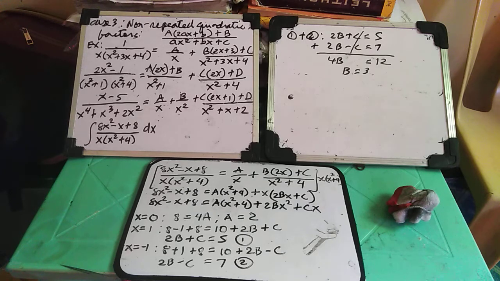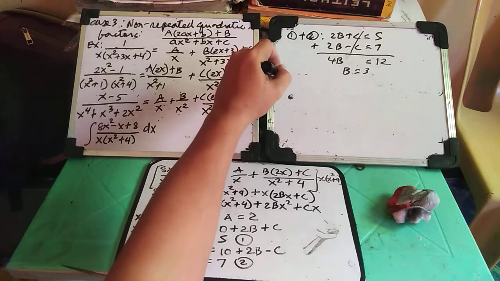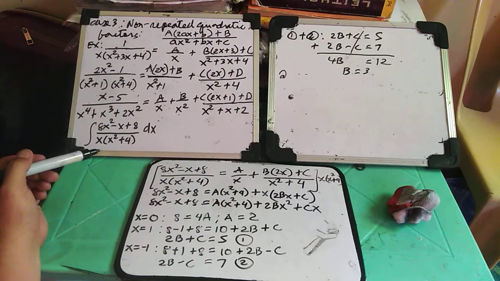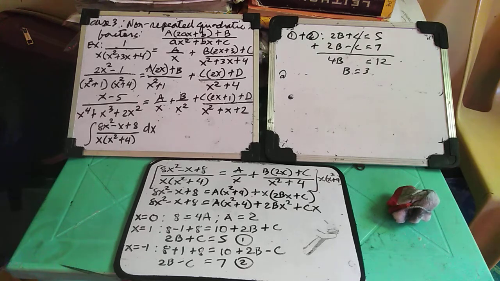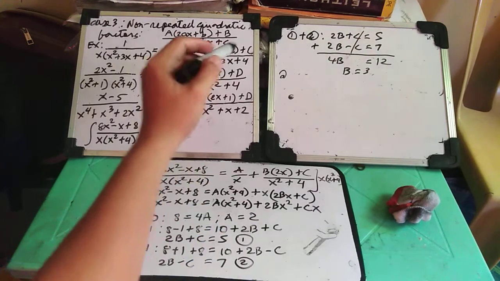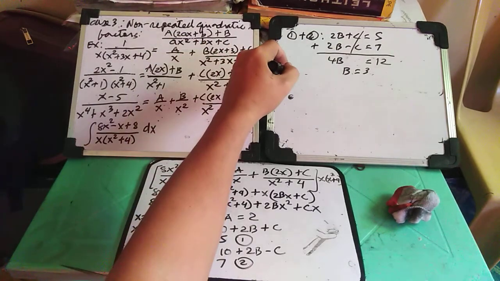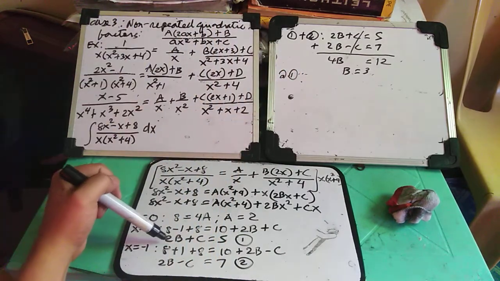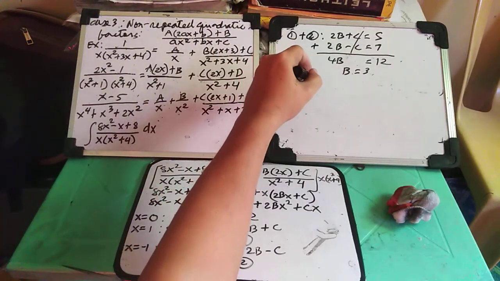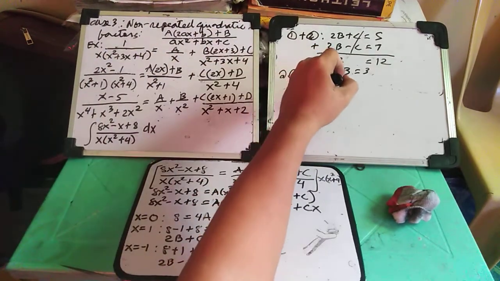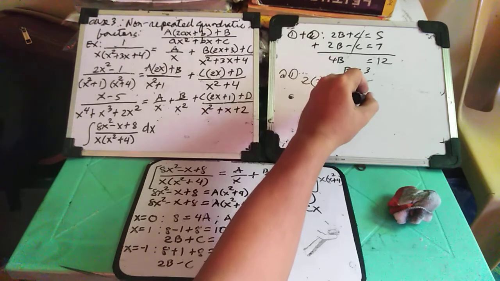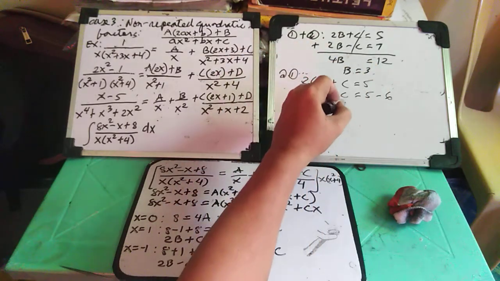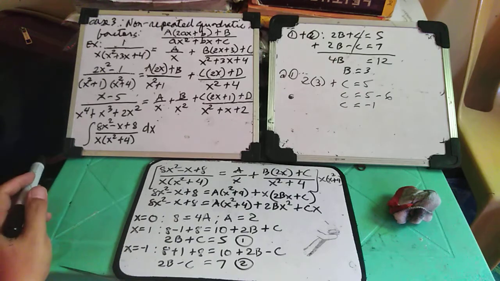Then solving for c, we substitute b equals 3 into either equation 1 or equation 2. Using equation 1, 2b plus c equals 5, b is 3, so c equals 5 minus 6, or c equals negative 1.